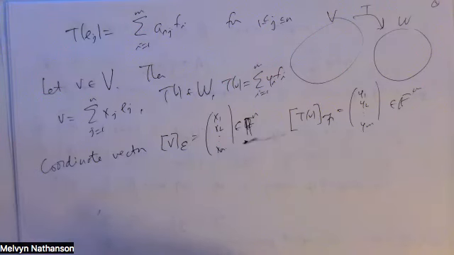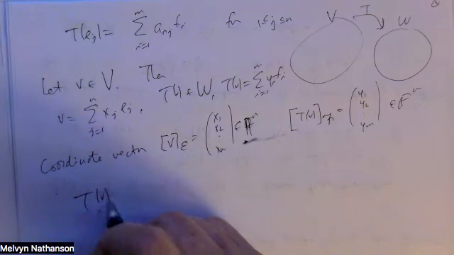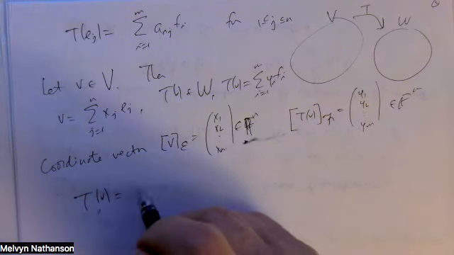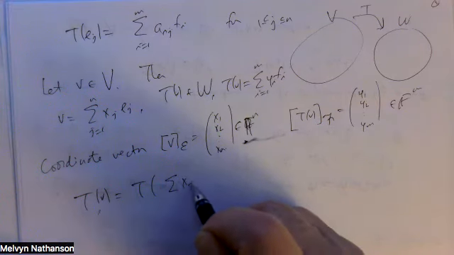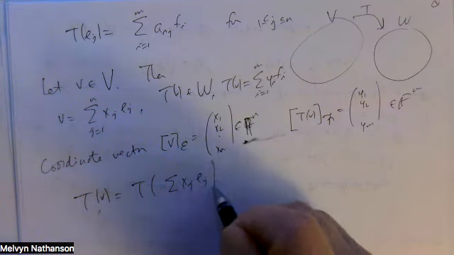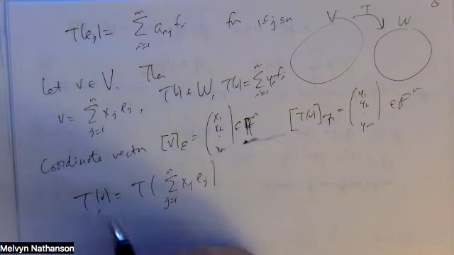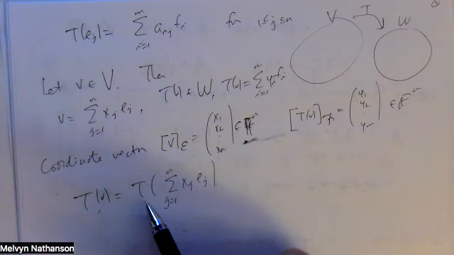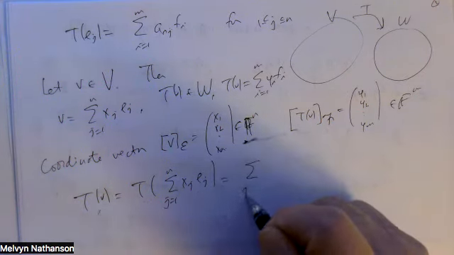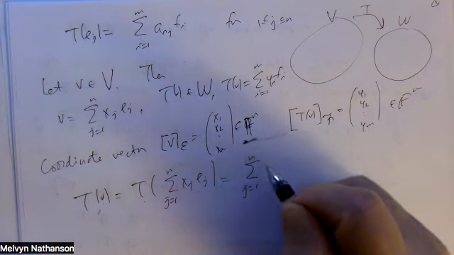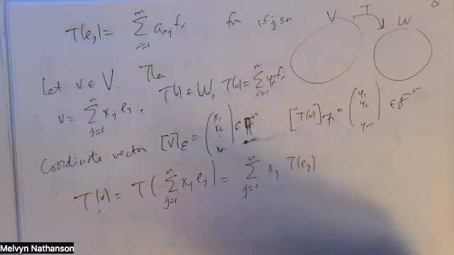Well, it can go as follows. You see, what is T of v? T of v is T of summation xj ej, j goes from 1 up to n, because v is equal to this vector. Because T is a linear transformation, this is summation, j goes from 1 up to n, x sub j, T of E sub j.